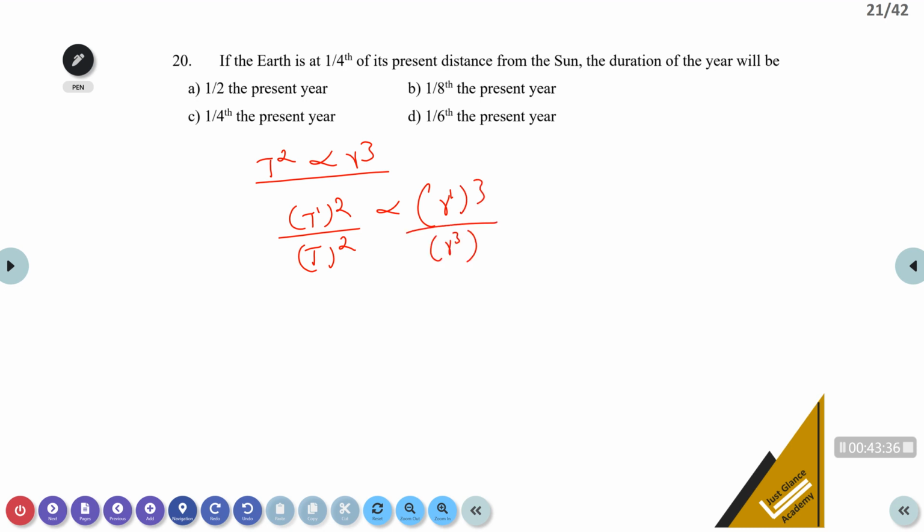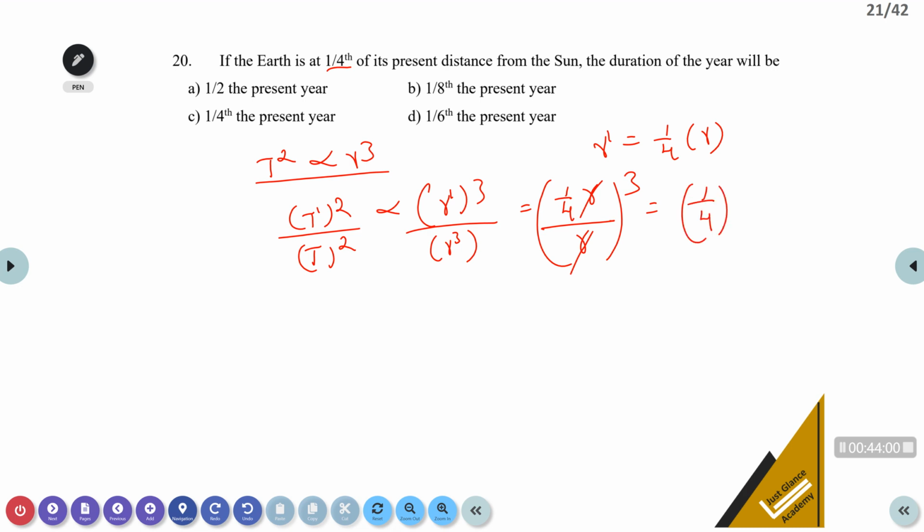This is the formula. Here it is said that r dash becomes 1/4 of R. This is equal to 1/4 of R divided by R raised to 3. Either you can write capital R or small r, no problem. This R cancels.